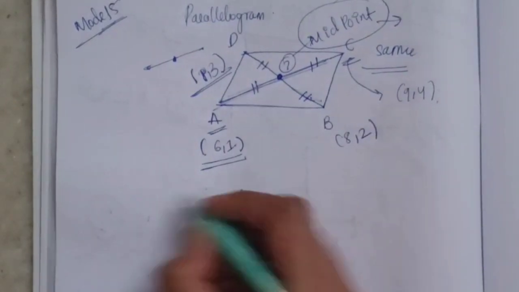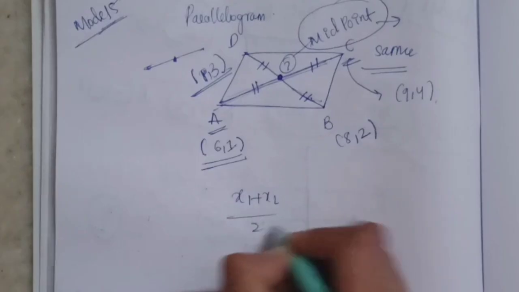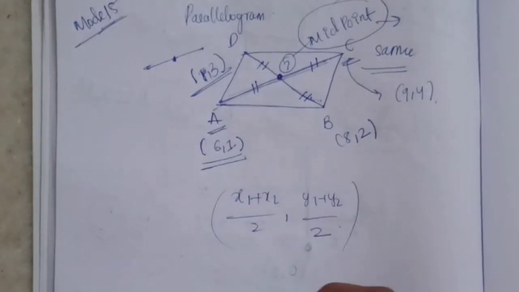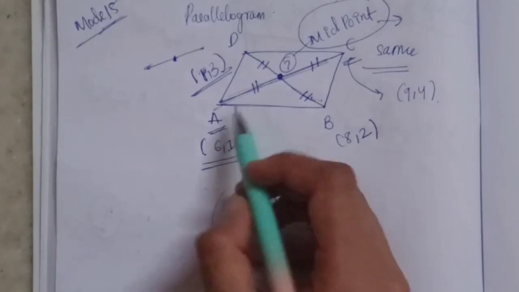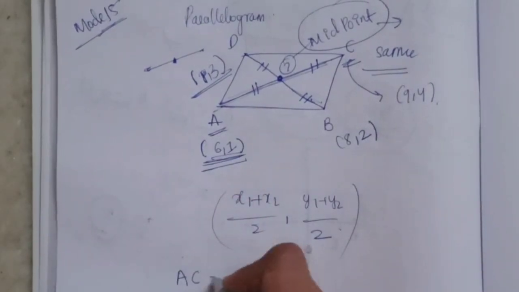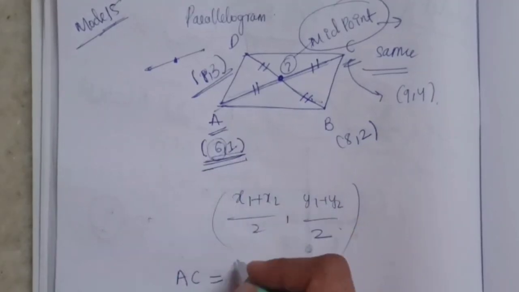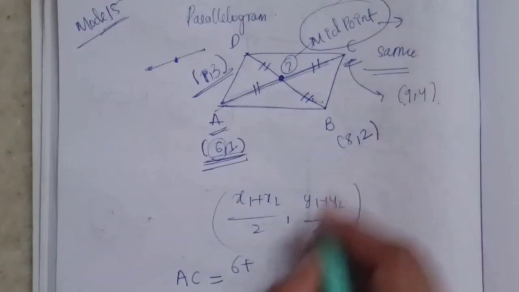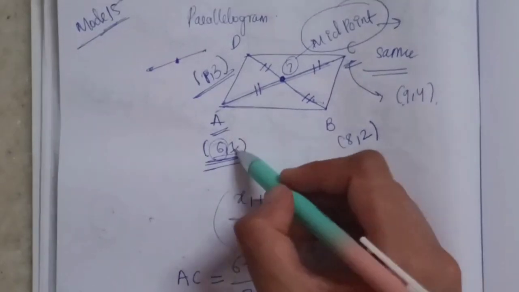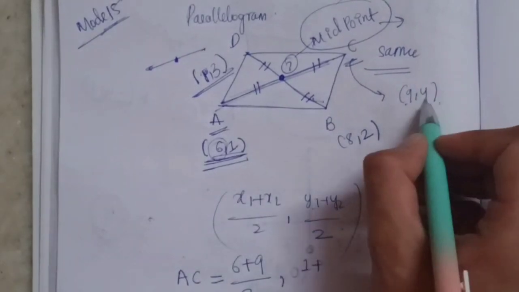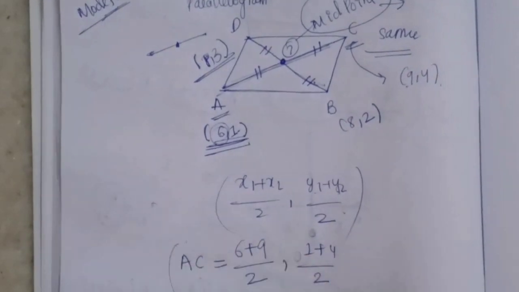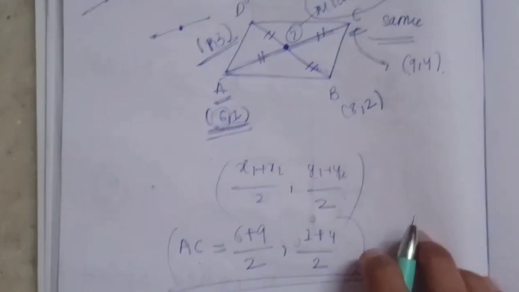The midpoint is (x1 plus x2 by 2, y1 plus y2 by 2). We should find the midpoint of diagonal AC. x1 is 6 plus x2 is 9 by 2, comma, y1 is 1, y2 is 4, by 2. This is the midpoint of AC.